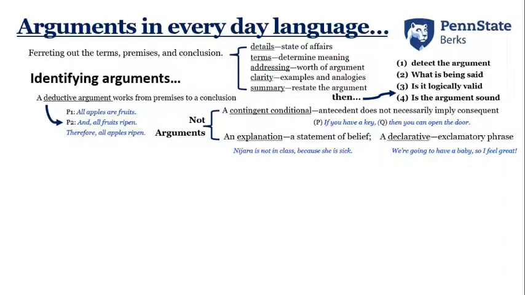Also, declarative statements are not arguments. They're just these exclamatory phrases like, hey, that's on fire, or I feel bad, or we're going to have a baby, so I feel great. Now, again, these seem obvious, but be careful, because even in a contingent conditional where you see the word then, you're thinking that somebody's setting some sort of argument up.